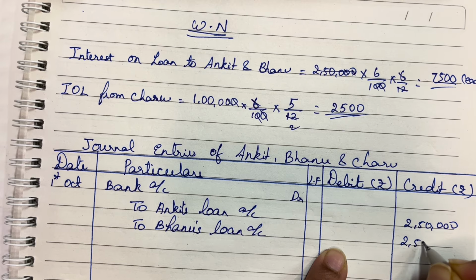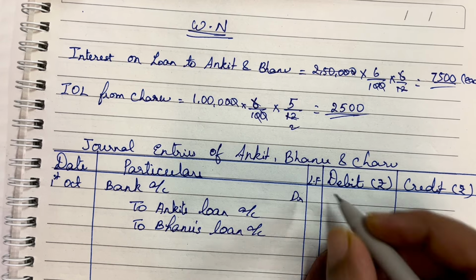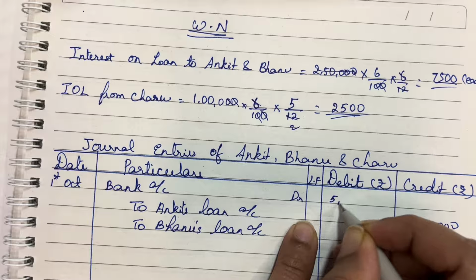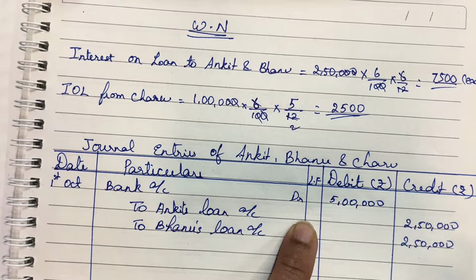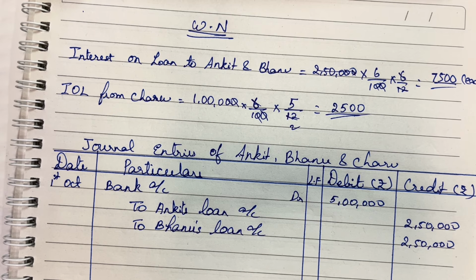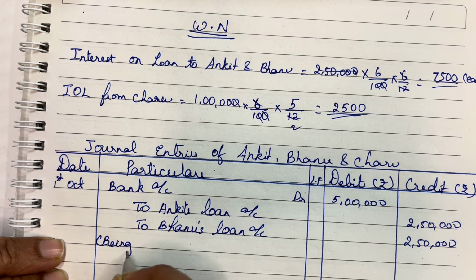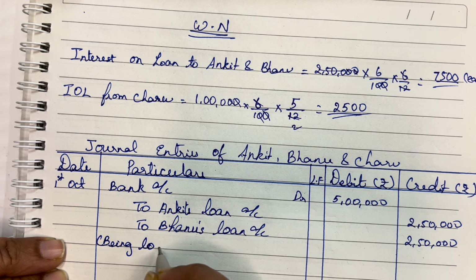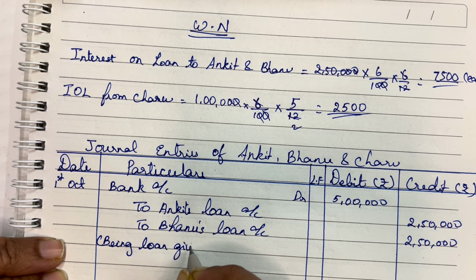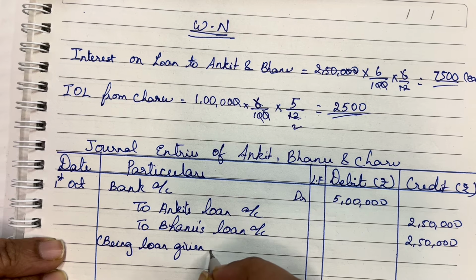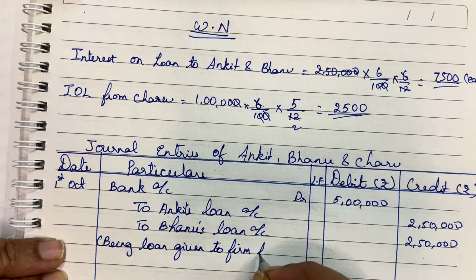Bhanu had also given a loan of 2,50,000. So together this makes it as 5 lakhs. Bank account would be 5 lakhs. Okay, so our narration for this would be being loan given to firm by partners.